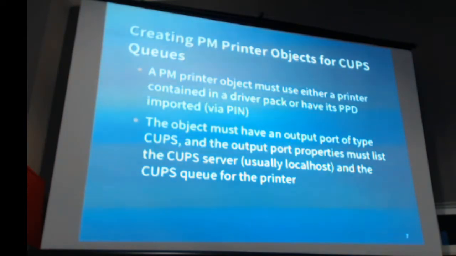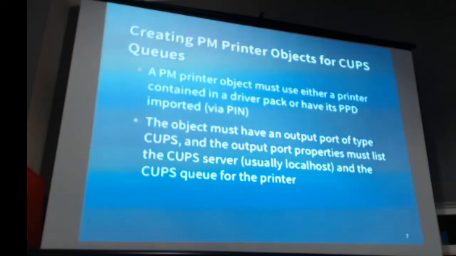So, when you want to create a PM print object for an existing CUPS queue, you have to use either a printer contained in a driver pack, the way you would for any other PM printer, or you can import the base information from a PPD file.